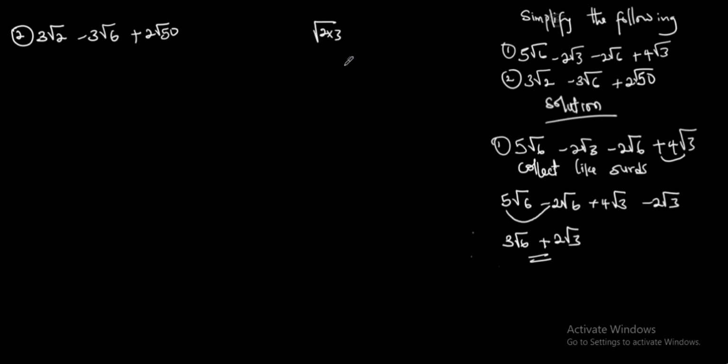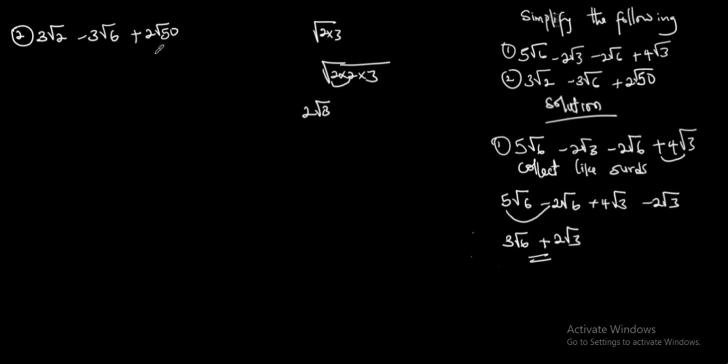For example, if I have root 2 times 2 times 3, now 2 is a pair. Since it's a pair, it is the result of the root of a number. So you have 2 outside and then you have 3 left in the root. So that means we've been able to simplify this.